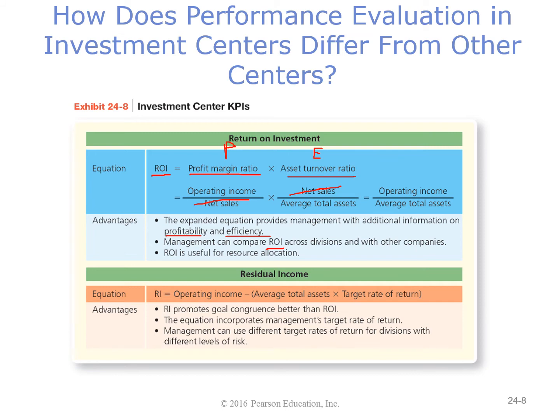The main advantage of residual income is that it promotes goal congruence better than the ROI, because it tells me straightforwardly how much we achieved above the target return by the investor. The equation incorporates management's target rate of return, and management can use different target rates of return for divisions with different levels of risk, depending on management's expectations.